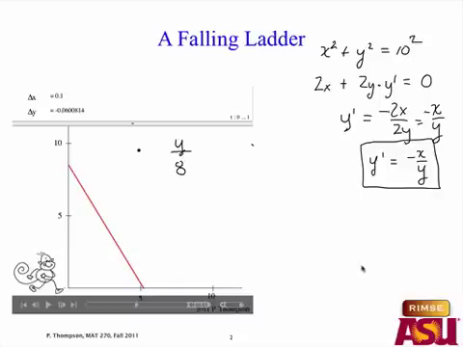What's the rate of change of y with respect to x right now? Negative x over 8. Negative 5 over 8. How did you get that? It's a little bit bigger.